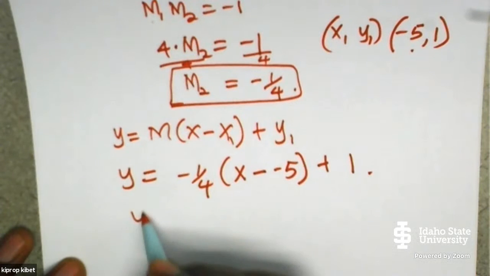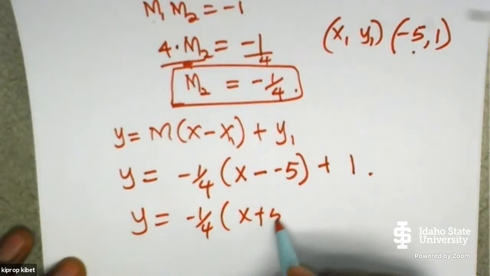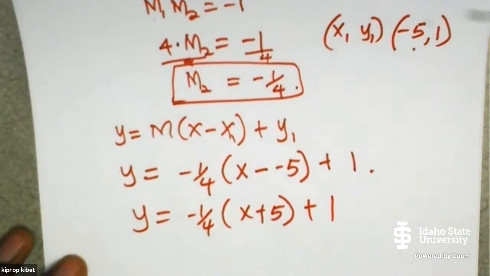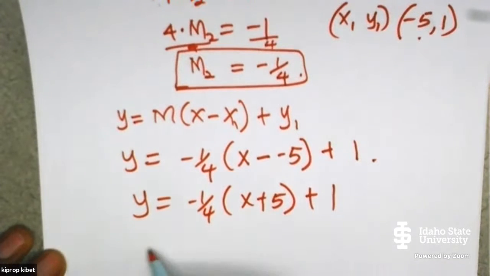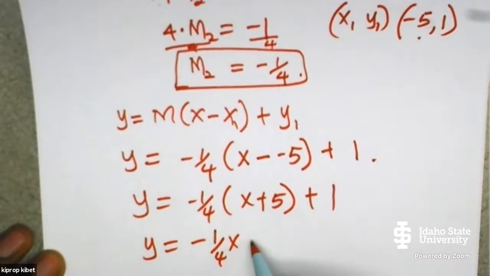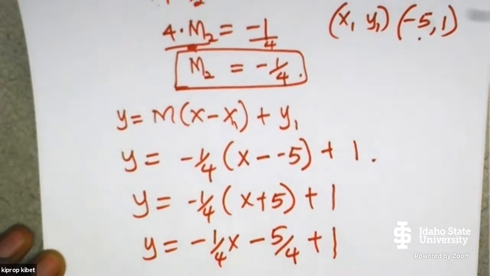So finally, our y equals -1/4 (x plus 5) plus 1. You can leave it like that, or you can continue. So y equals -1/4x minus 5/4 plus 1.